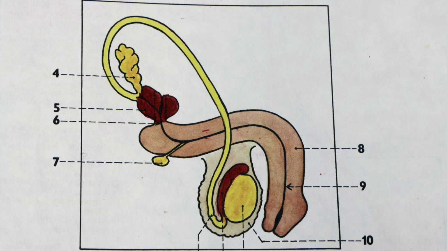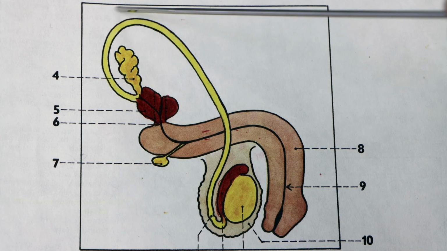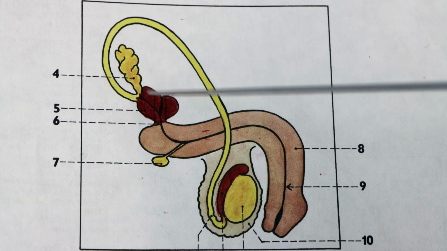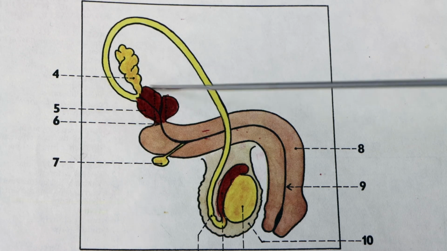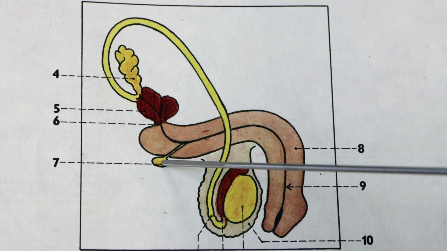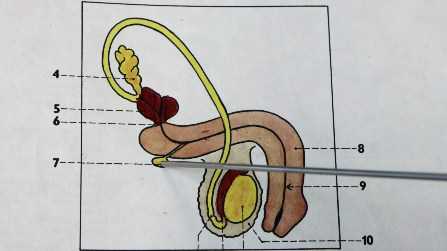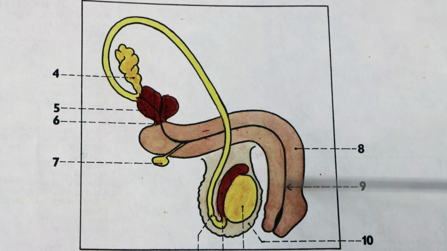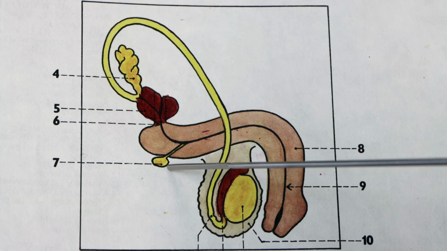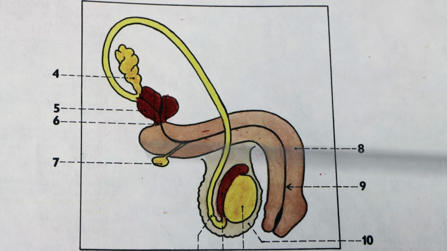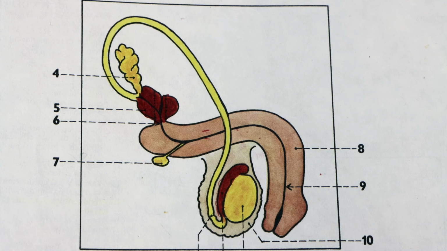Regarding the internal genital organs: testis, epididymis, ductus deferens, seminal glands or vesicula seminalis, prostate, and also another gland which lubricates the wall of the urethra, the bulbourethral gland or Cowper's gland. So those are the internal. Once more, external is penis and scrotum, and internal is the rest of the structures that I mentioned.